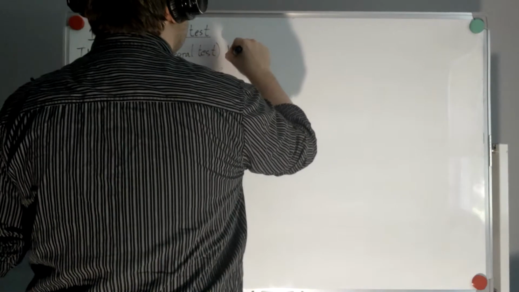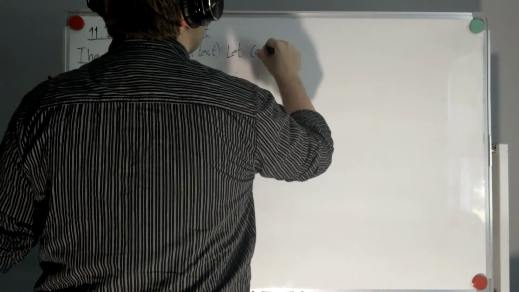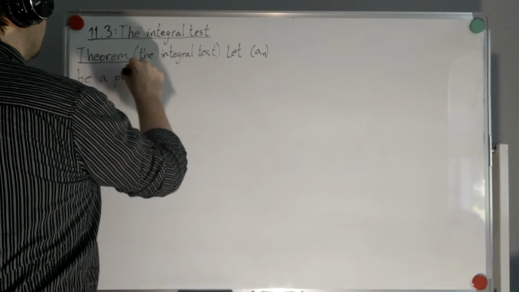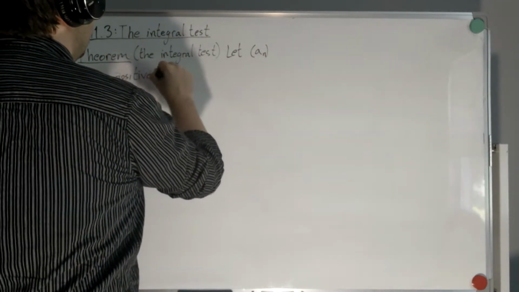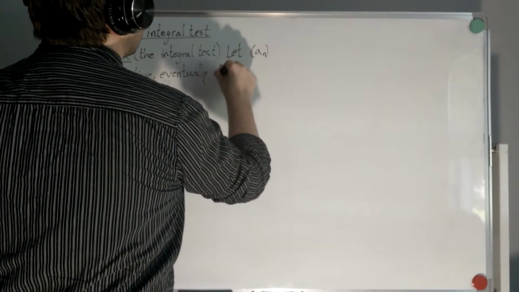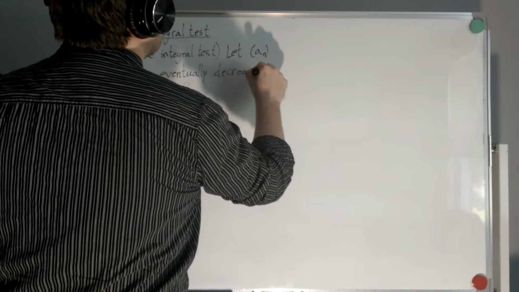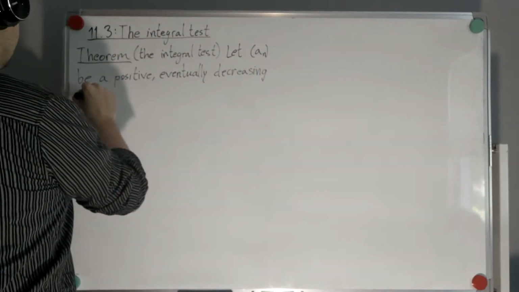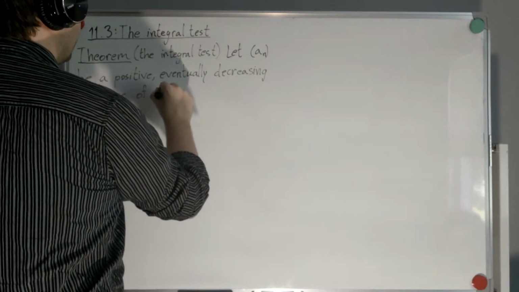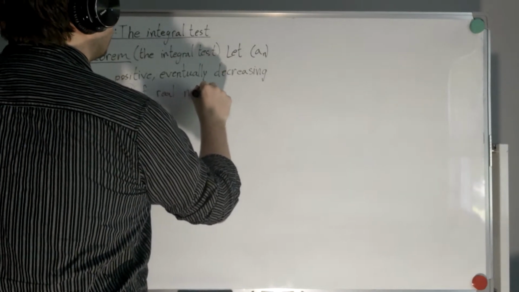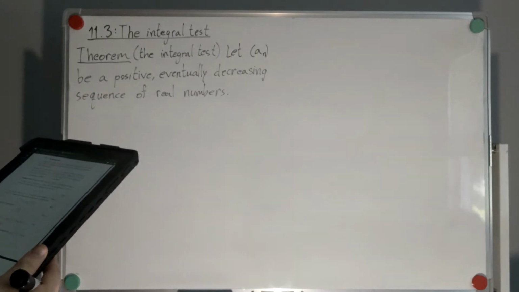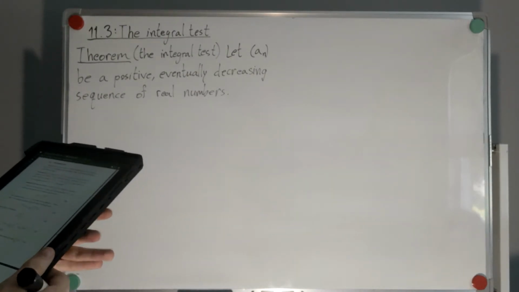It says, let a_n be a positive and eventually decreasing sequence of real numbers. Okay, specifically, this is only for a positive sequence, and it has to be eventually decreasing.